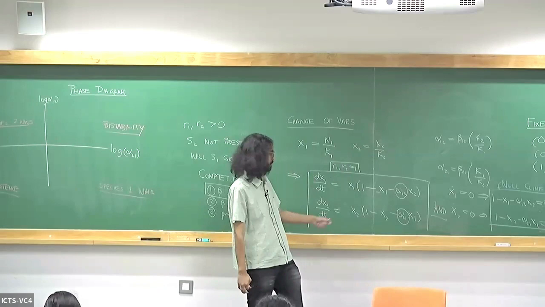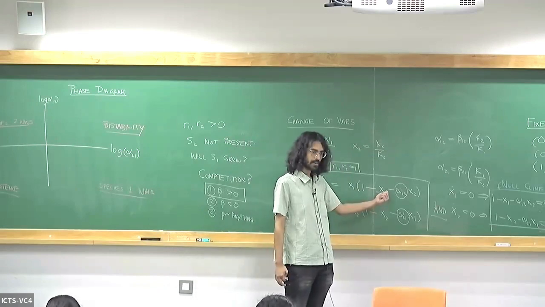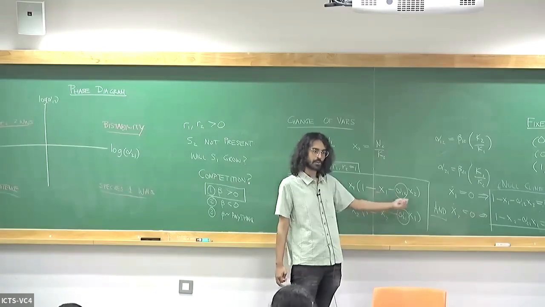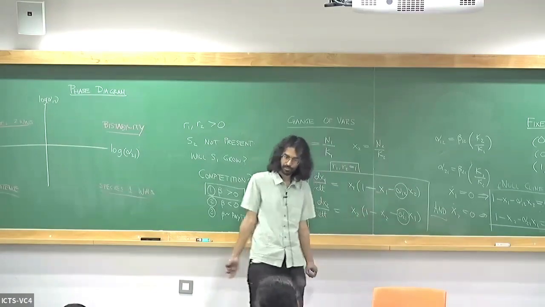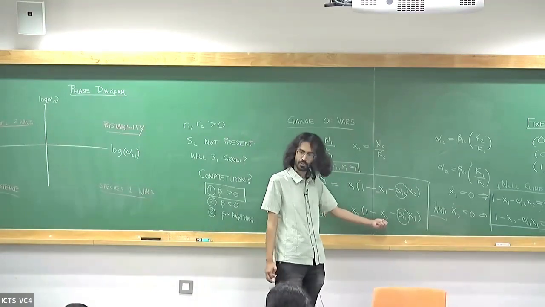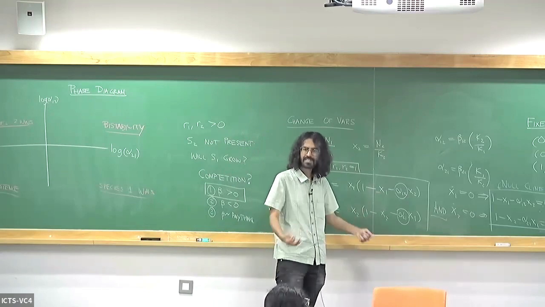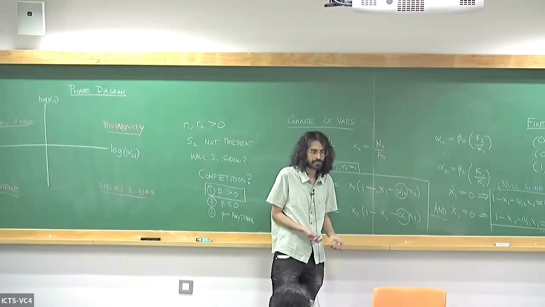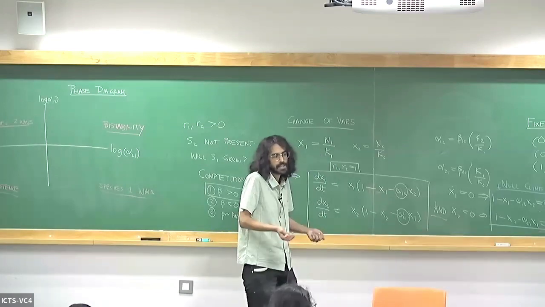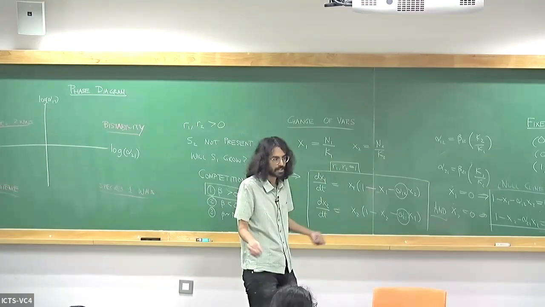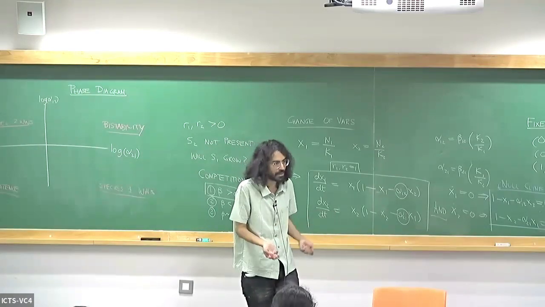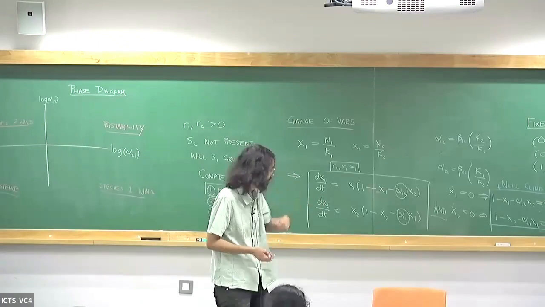So from the perspective of species 1, it doesn't care whether there's a little bit more of species 1 or species 2. It feels the same inhibition. From the perspective of species 2, the same thing. And so in this kind of case, it doesn't really matter that there are 2 species. So you get some degenerate case where both of them will survive, but it's like one thing surviving.